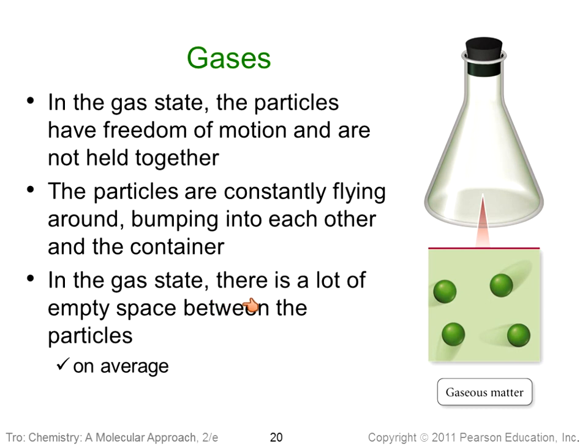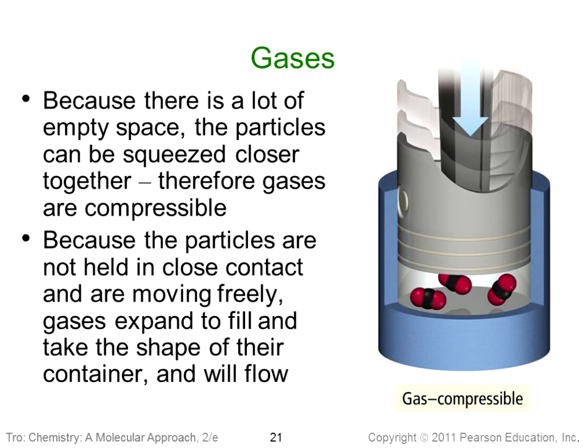So we say in a gas state that there is a lot of empty space between the particles. So here's a picture of what we were talking about, meaning compression. We have a piston with the gases; we're able to push down because of the extra volume between the particles of a gas.